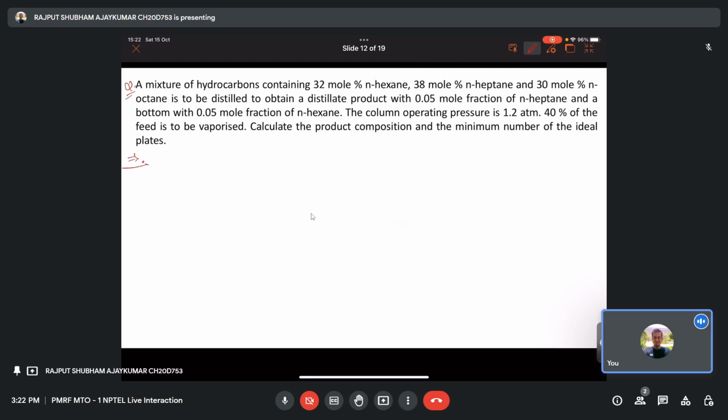There are three components given: n-hexane, n-heptane and n-octane.